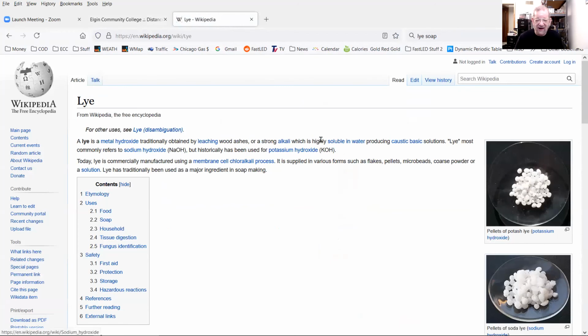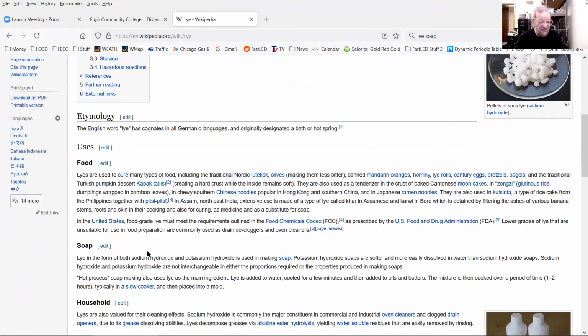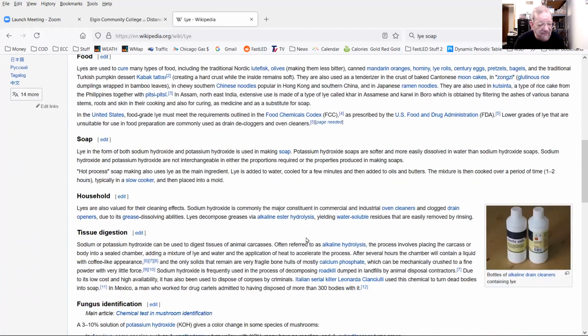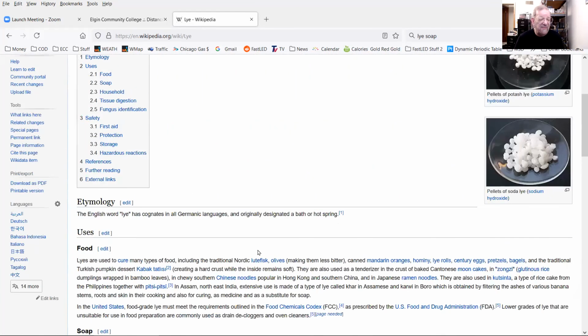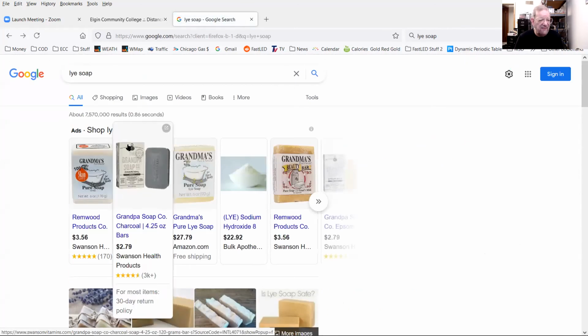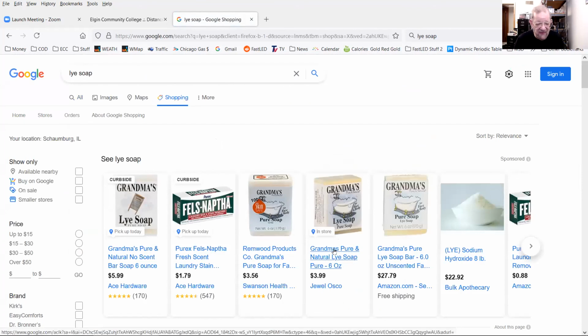Sodium hydroxide. And it comes from reacting that. But anyways, well, they're talking about lye, not lye soap. And if we go to shopping, you can see all different ones, like grandma's soap, which is that old. And that's lye soap. All right.